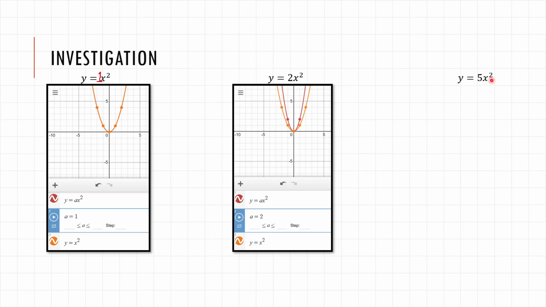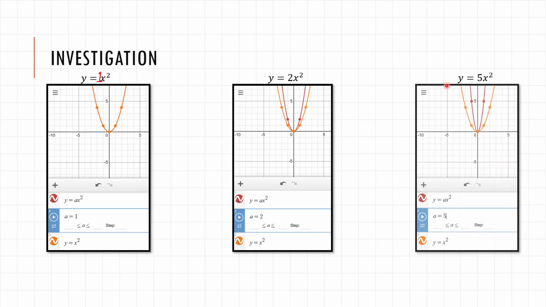And when we continue that to graph 5x squared, it looks like this. Notice that these 2 red dots here have the same x value as these 2 orange dots. And similarly over here, these 2 red dots must be the same dots as this because they have the same x value here. So they did not move left or right.